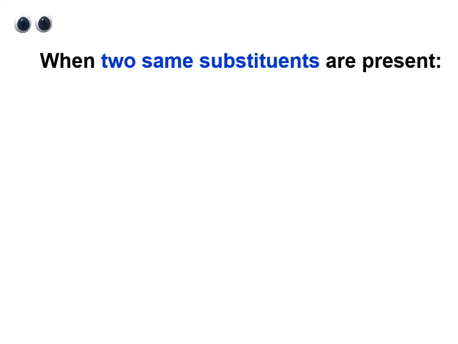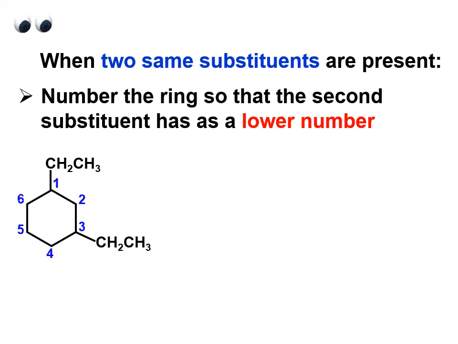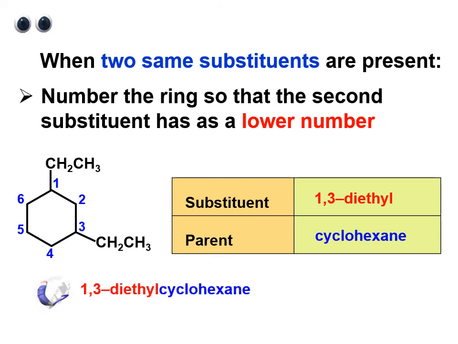When two identical substituents are present, number the ring so that the second substituent has a lower number. Example: the substituents are at 1,3-diethyl, not 1,5-diethyl. The parent is cyclohexane. The name of this compound is 1,3-diethylcyclohexane.